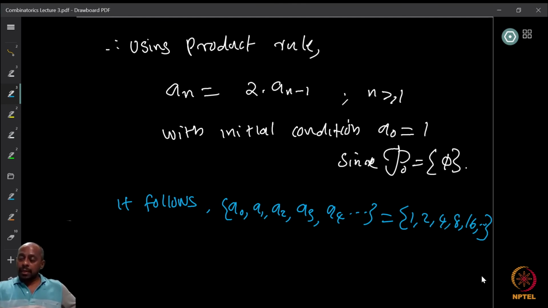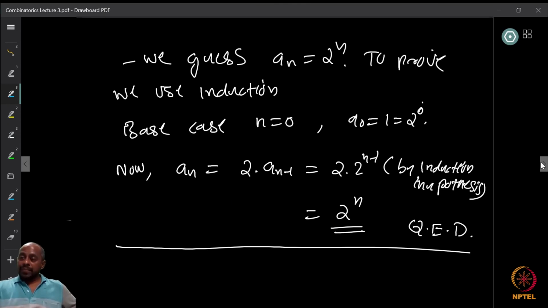So how do we do that? We guess that an is equal to 2 raised to n, and to prove it we use induction. The base case is n equal to 0. A0, we already know, is 1, which is also 2 raised to 0. So the base case is fine. Now we take the case an equal to 2 times an minus 1.